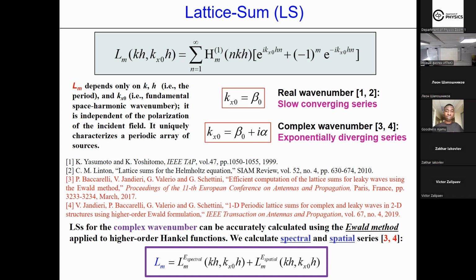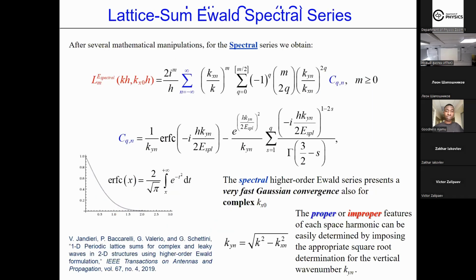And here we use the Ewald approach, and we present this lattice sum as a sum of spectral and spatial series. Let me start with the spectral part. The spectral part is presented as an infinite series for each space harmonic here.